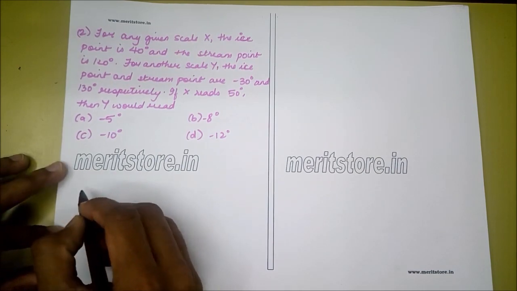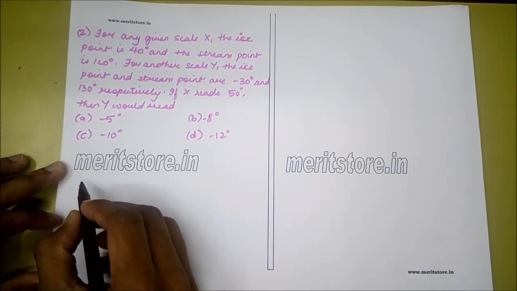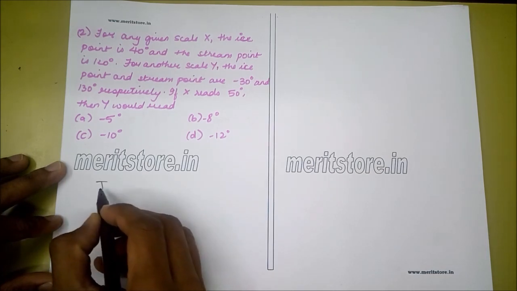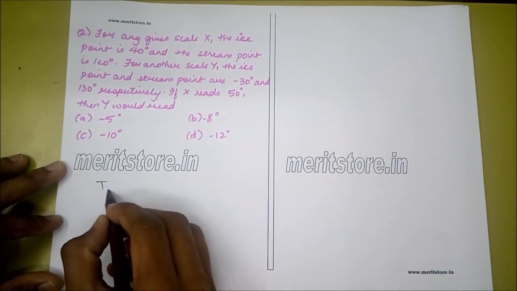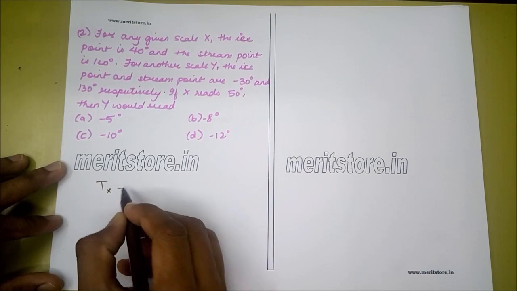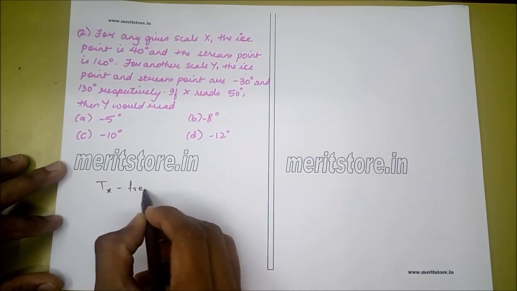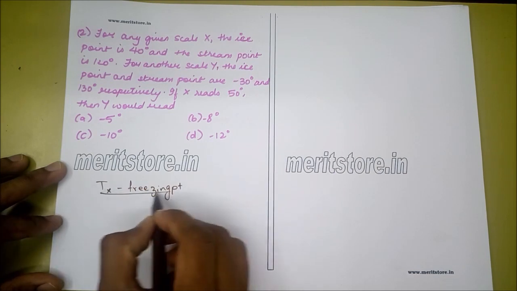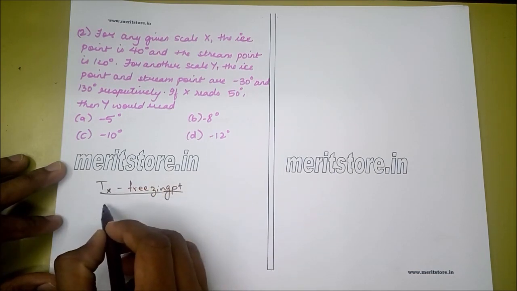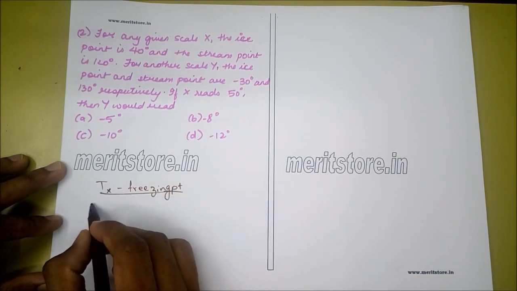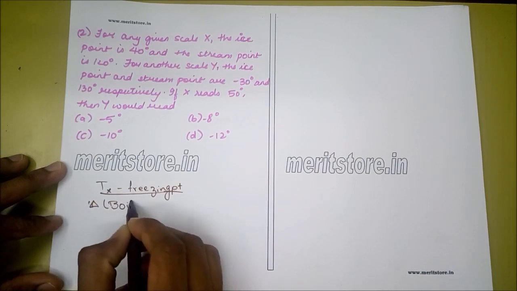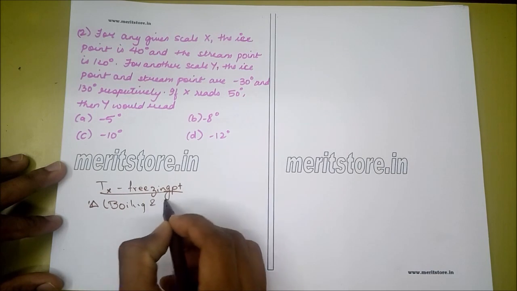Now, in general, the relation between any two scales can be found as follows: the temperature in that scale. So for this, let's say Tx minus the freezing point, upon the difference between the freezing and the boiling point in that scale, so we can say delta of boiling and freezing.